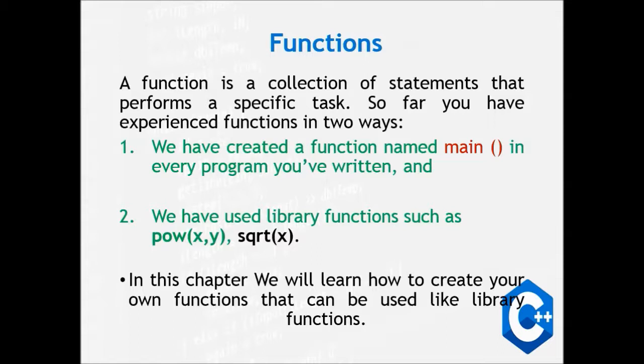And we have used library functions such as pow when we want to find the power of a number, or sqrt when we want to find the square root of a number. We used built-in functions, which are called library functions. In this chapter we will learn how to create your own functions that can be used like library functions.